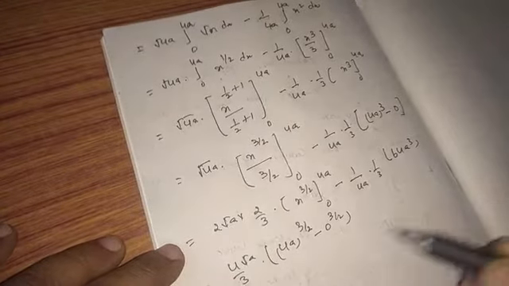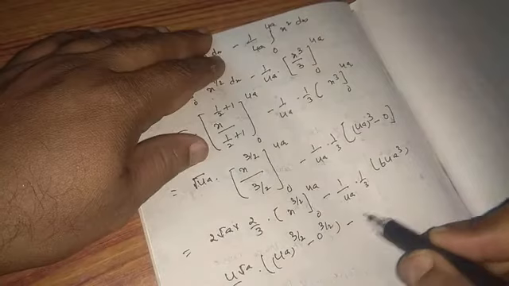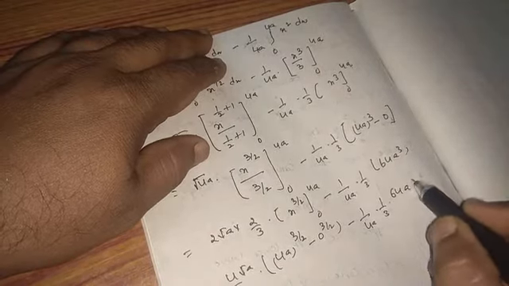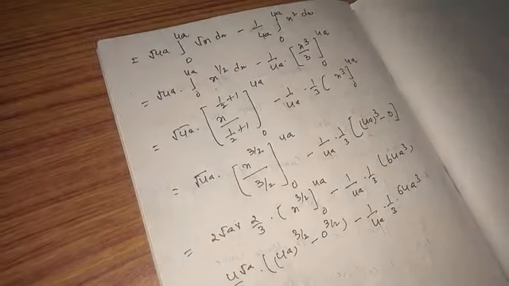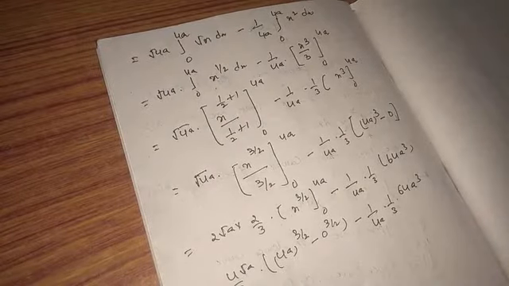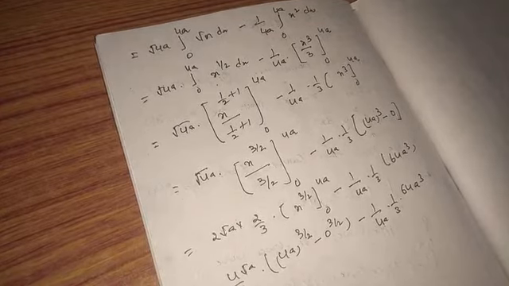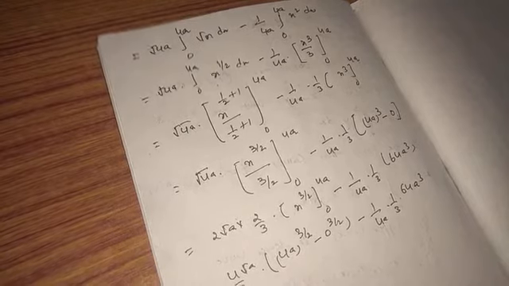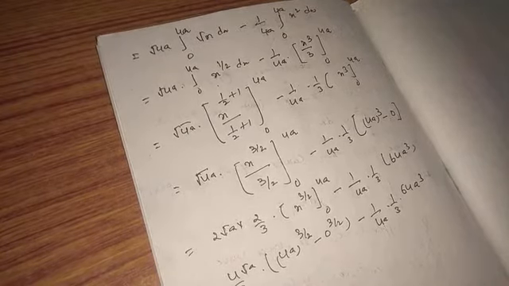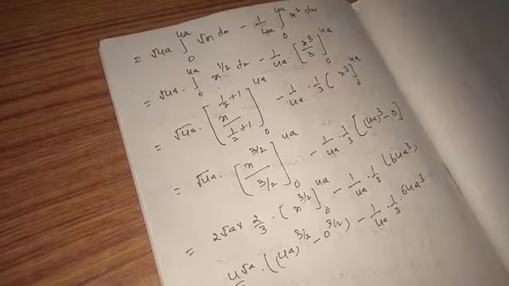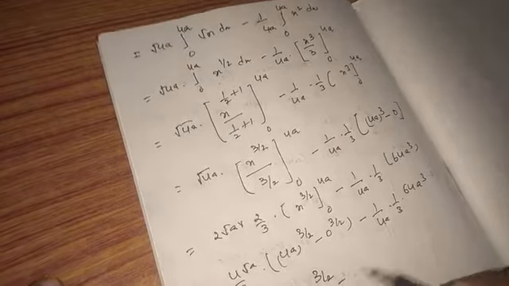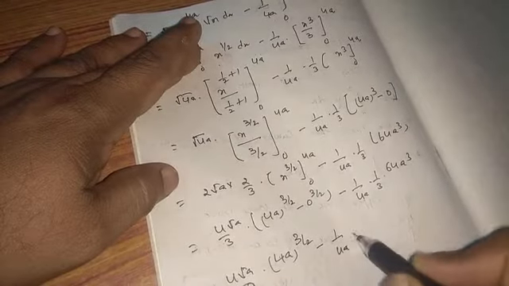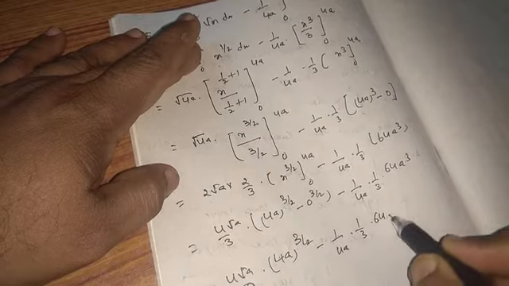This is upper curve minus lower curve. So we get 1 by 4a into 1 by 3, 64a cube. So we get 4 root a by 3, 4a power of 3 by 2, minus 1 by 4a into 1 by 3 into 64a cube.